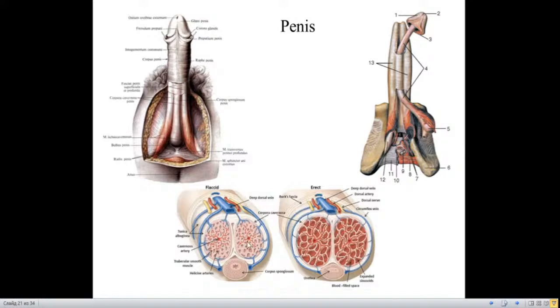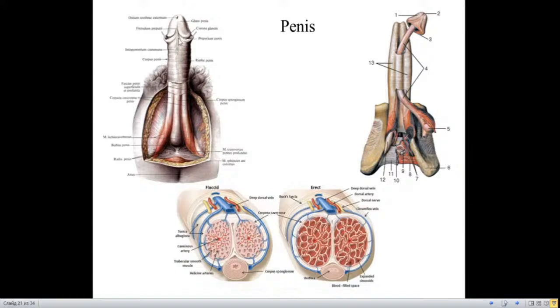They are different in structure, and on section you can see that the corpora cavernosa is formed by specific tissue rich in vessels, and in erect conditions these cavernous spaces are filled with blood, and the penis changes its position. So what parts can we distinguish in the penis? Glans penis, body of the penis, and root of the penis.